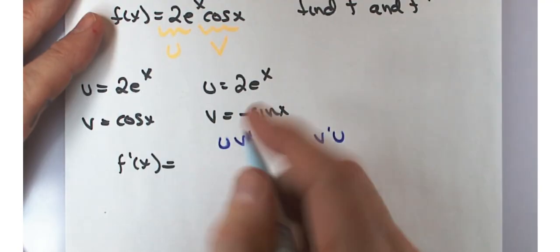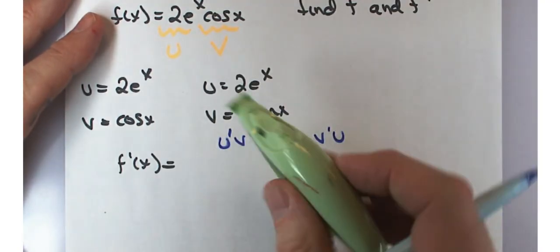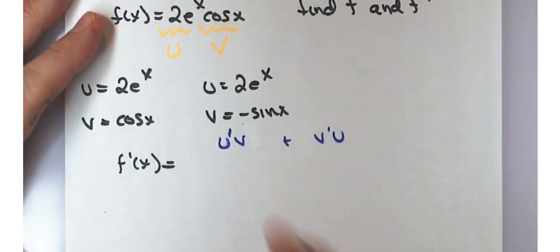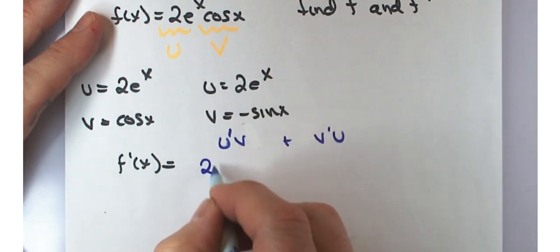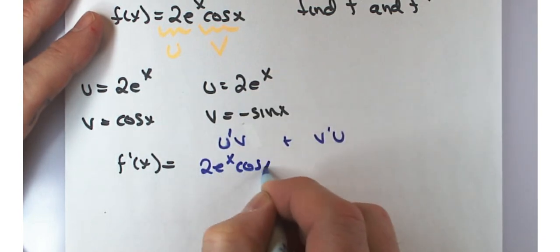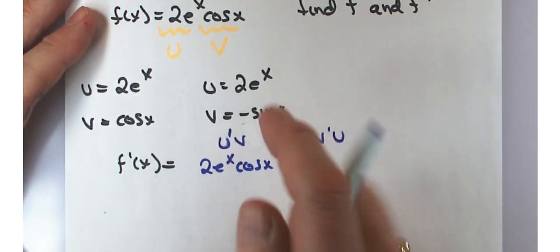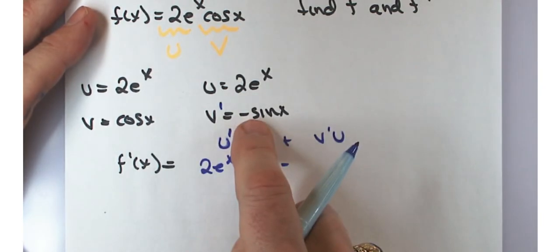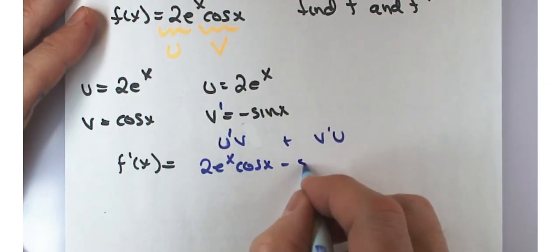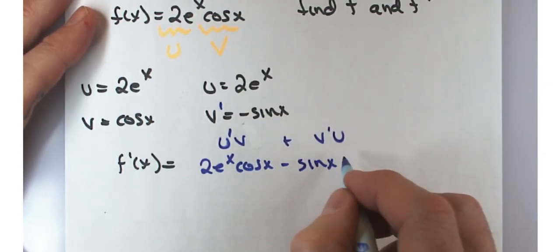That should be u prime v. So it's going to be 2e to the x times cosine of x, and then v prime times u. So minus sine of x times 2e to the x.